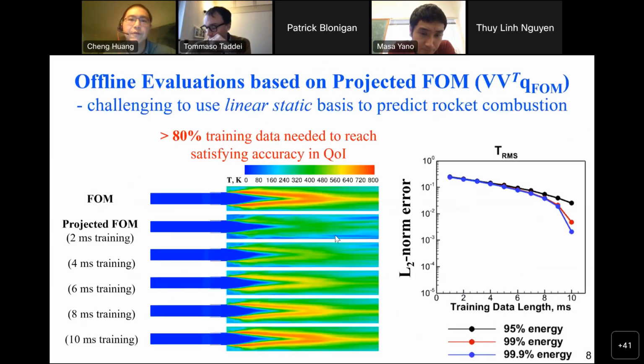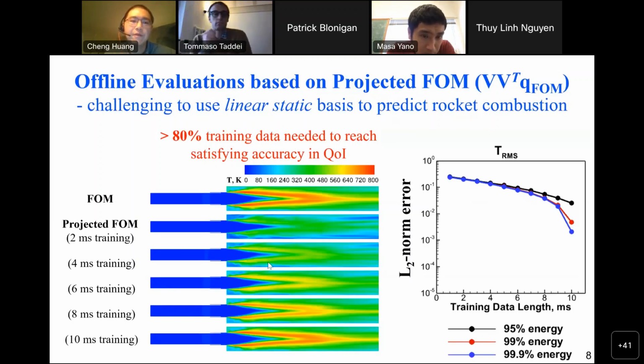And if we further this study and just use the projector for the model, so there's no wrong here, this is only a projection of the model onto the basis we generated using different training data. Right here you can actually see the issue. 2 milliseconds to predict 10 milliseconds, this is pretty much what we are expecting from the ROM, but you can see the RMS is pretty bad.